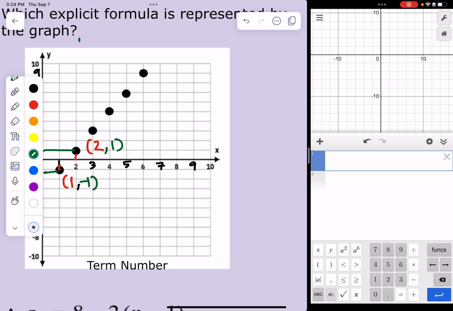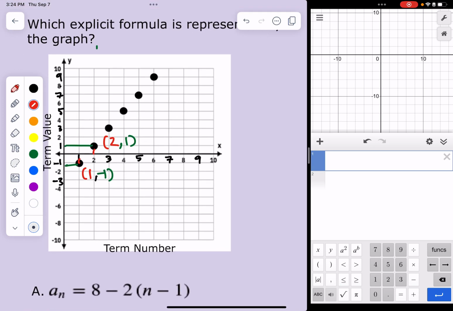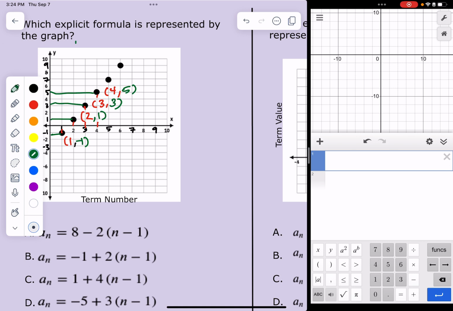Then we have 3, 3. Then we have 4, 5. And we could do all of them, but let's just do the first few.